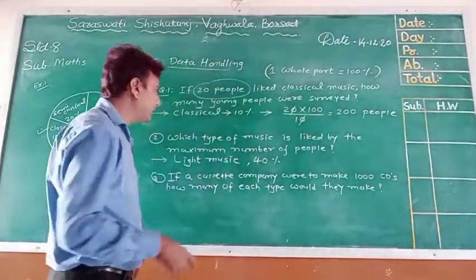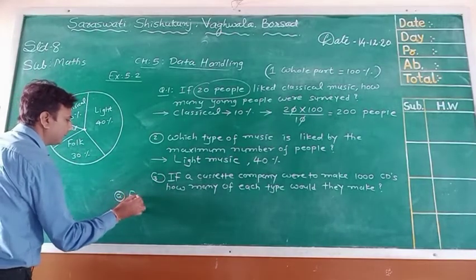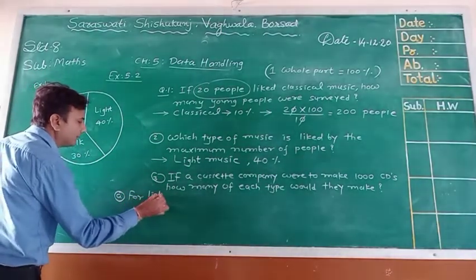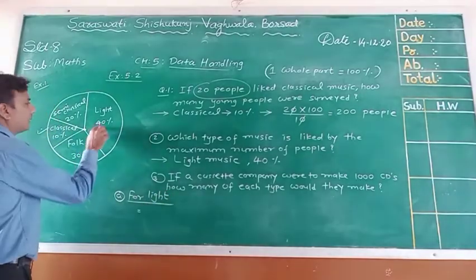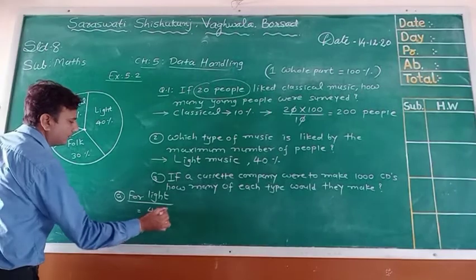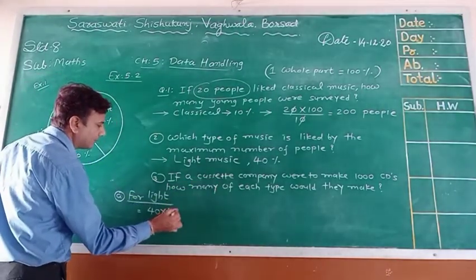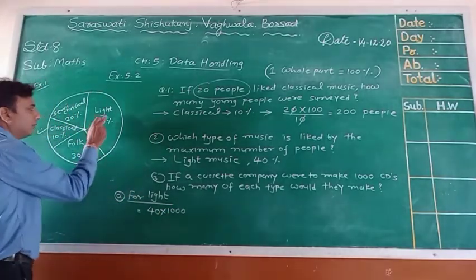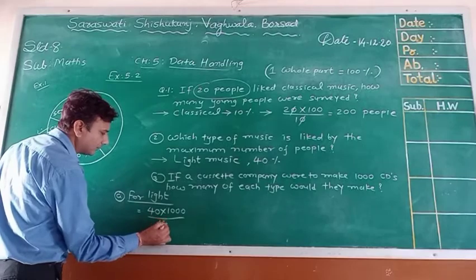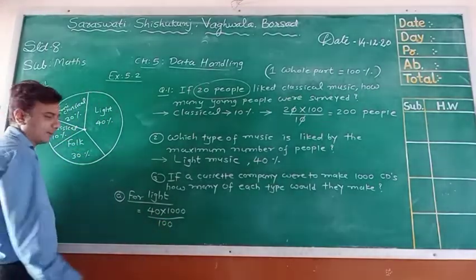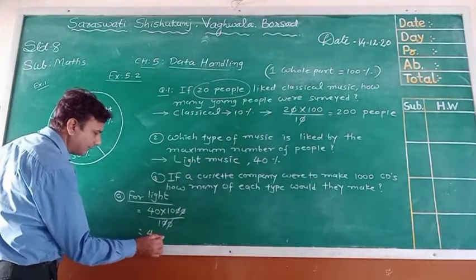So let's find this. First, for light music, we have 40%, and 1000 CDs. Simple: 40% multiplied by 1000 upon 100%. This cancels, so 400 CDs.